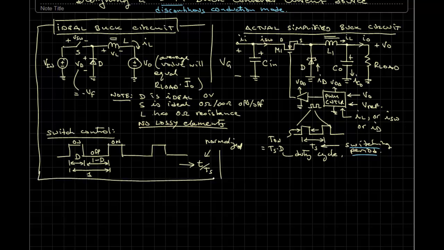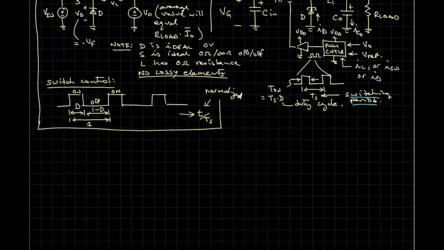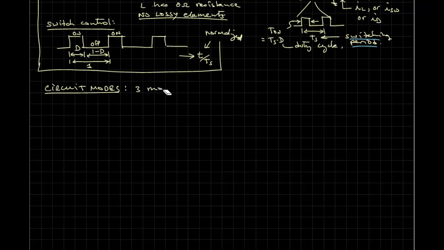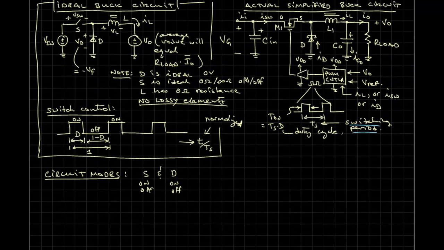Now we're going to look at the circuit modes. There are 3 circuit modes. First case is, well, in principle, let's think about it. There's a diode and there's a switch, S and D. S can be on, S can be off, D can be on, D can be off. There's 4 permutations there, right? But we can immediately eliminate S and the diode being on, because if S is on, then we're applying V_in across the diode, and V forward, V_F would be minus V_in, so the diode would be off.